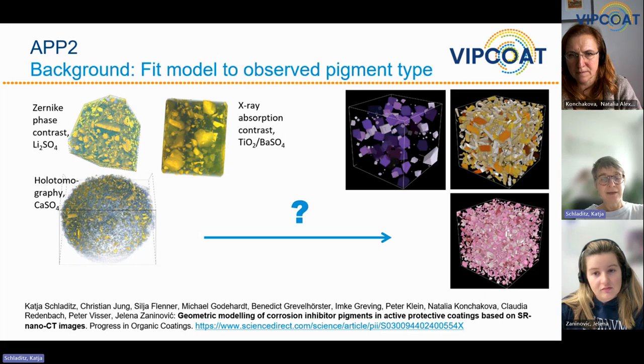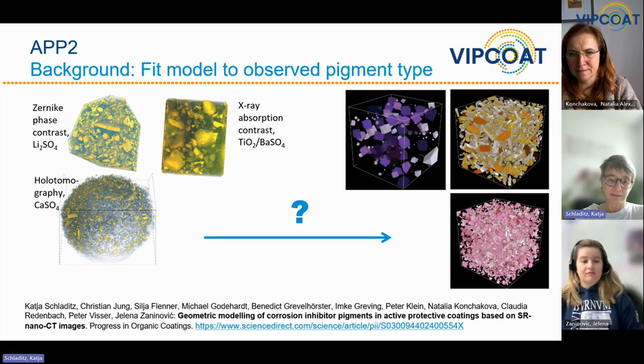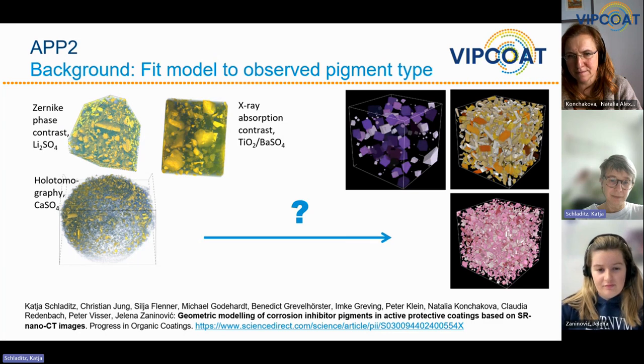For feeding geometry generation, we only use the nano CT images, and their phase contrast as well as absorption contrast as well as holotomography. Details about how we got the geometric features from these images are described in the paper mentioned on the bottom of the slide.